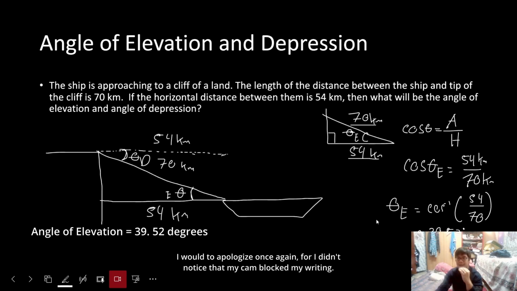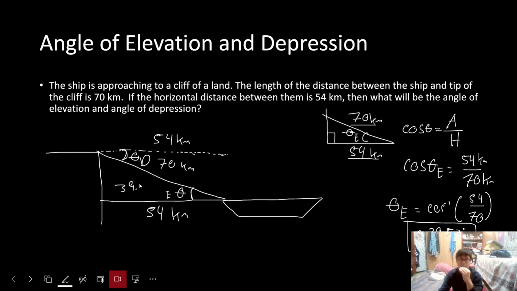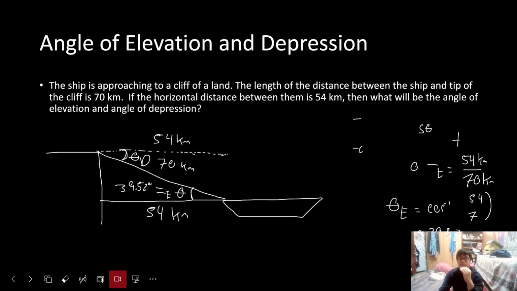Now, how about the angle of depression? Let me just write here: this is 39.52 degrees for the angle of elevation. Let me erase this one. Our goal now is to find the angle of depression, or angle of declination. We're going to draw a right triangle for this one.